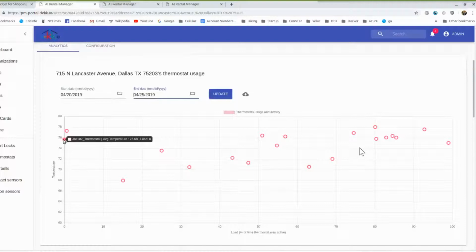It tells you, when you compare it, for example, to unit 107, which was much cooler, that this was at an average temperature of about 76, which is reasonably comfortable, as compared to, for example, this 77, and some are even higher than this. You know that tenants are uncomfortable there.